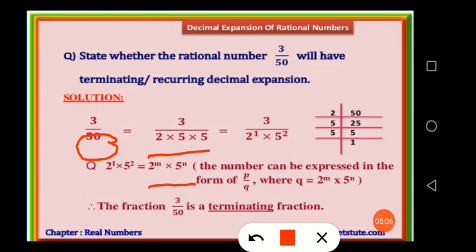So if the prime factorization of the denominator is either 2 or 5, or 2 and 5 both, then it has a terminating decimal expansion. Otherwise, it has a recurring decimal expansion.